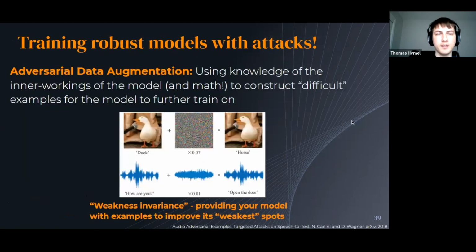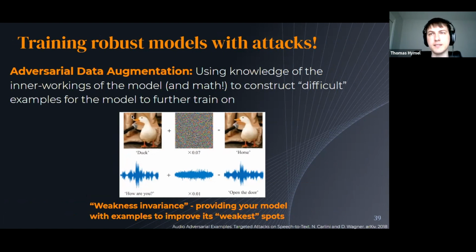So luckily for us, you can use math to create different augmentations with something called adversarial data augmentation. So this is using knowledge of the inner workings of the model and math to construct difficult examples for the model to further train on. So here's a picture of an example.